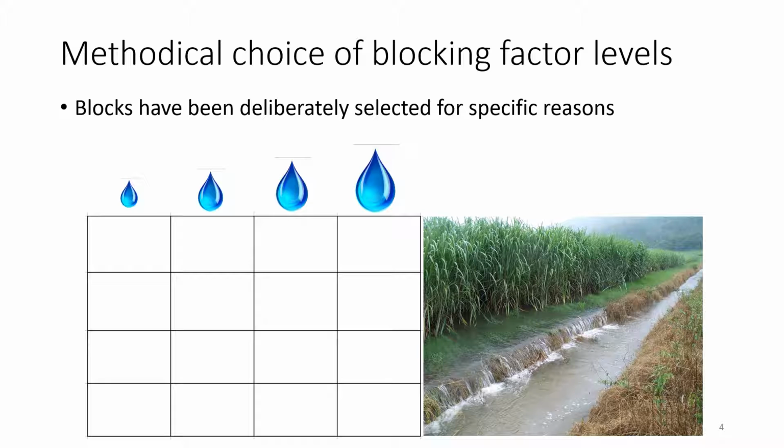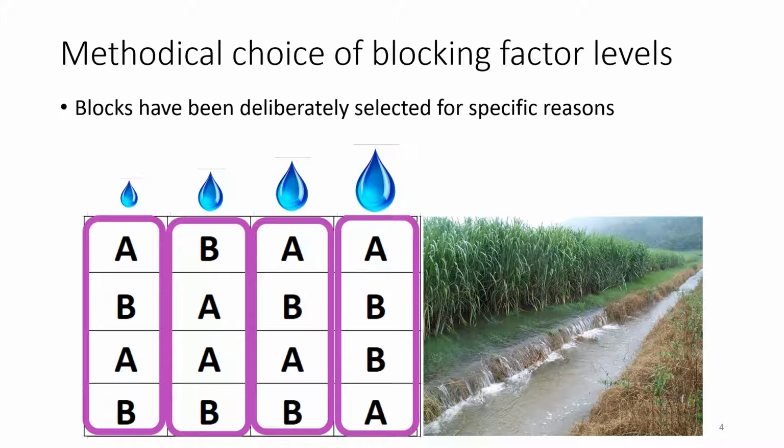In order to take that into account, we set up 4 blocks in vertical strips. The blocks are distinguishable by how far they are from the canal. In this case, the blocking factor is considered fixed.